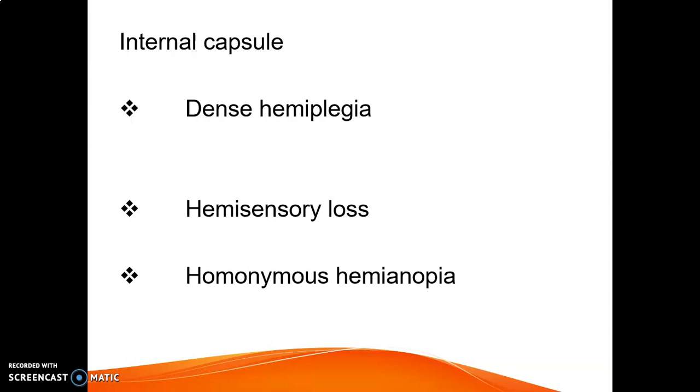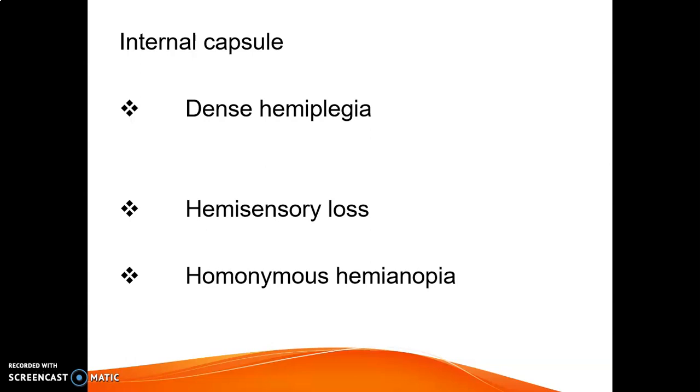Whenever there is any CVA or small lesion in the internal capsule or corona radiata, it may lead to severe paralysis. That is why, whenever the lesion is in the internal capsule, we call it dense hemiplegia. This area may also have some ascending tracts.